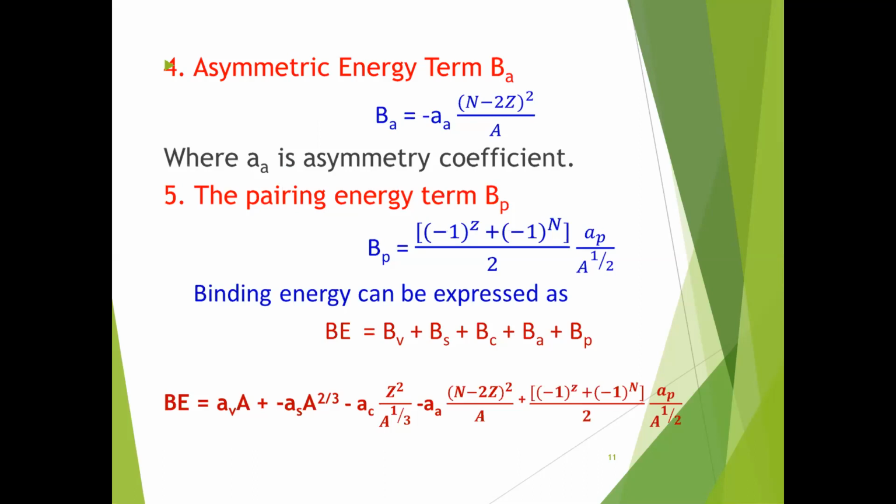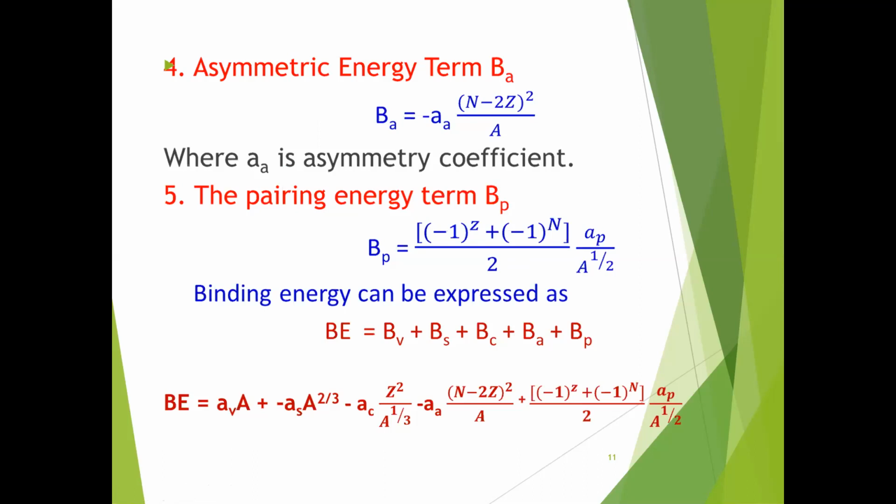So here, depending on Z and N, whether both are even, both are odd, or one even and one odd, depending on the term minus 1 to the power of Z plus minus 1 to the power of N by 2, we will get the pairing energy term, whether it is minus or plus.